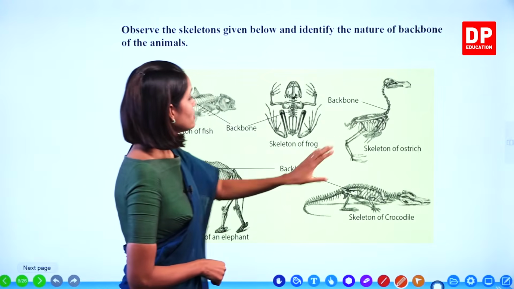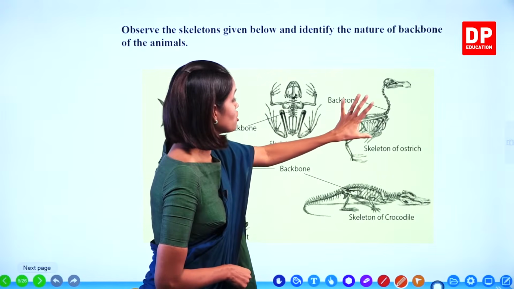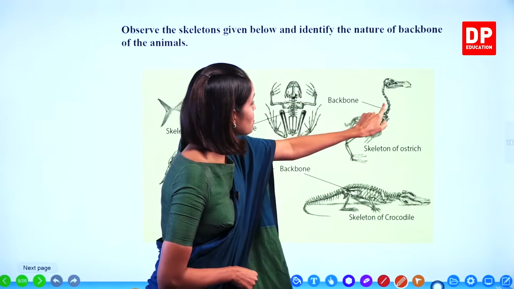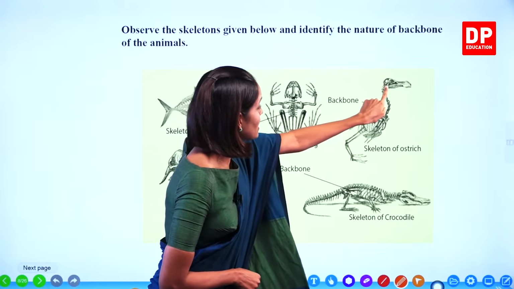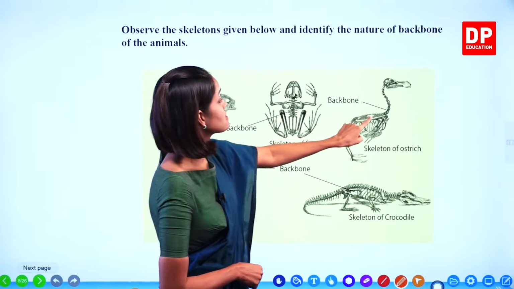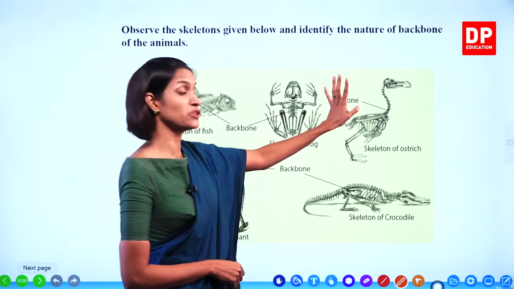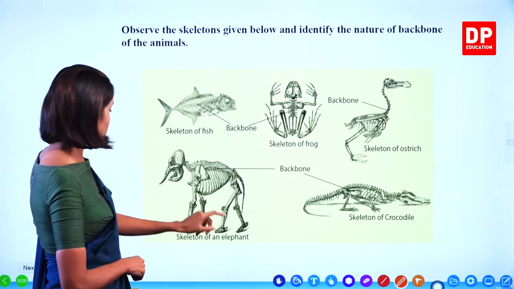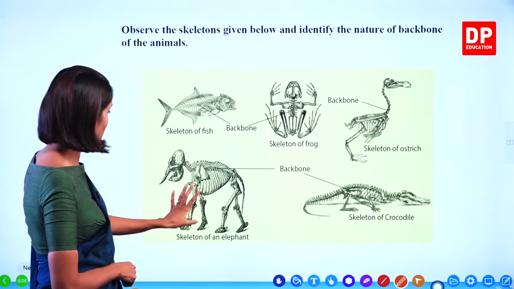Okay, children, look at this one. This is a bird, ostrich, right? So can you see, this is the backbone starting from the head and it runs through the other parts of the body. That is the central line of bones or backbone or the vertebral column. Okay, and here this is an elephant. Look at this picture.